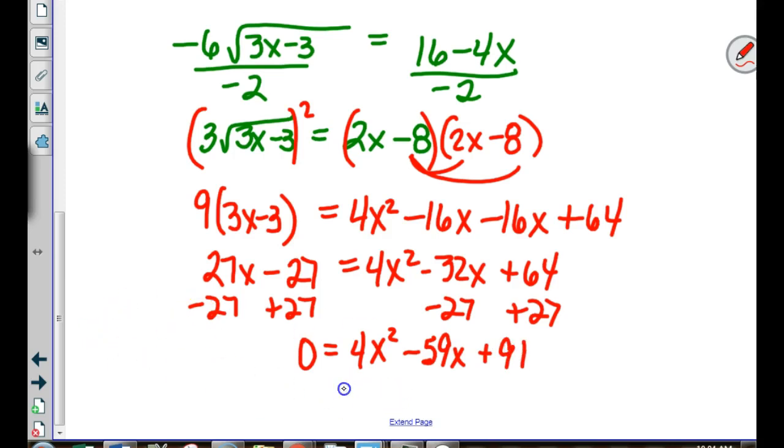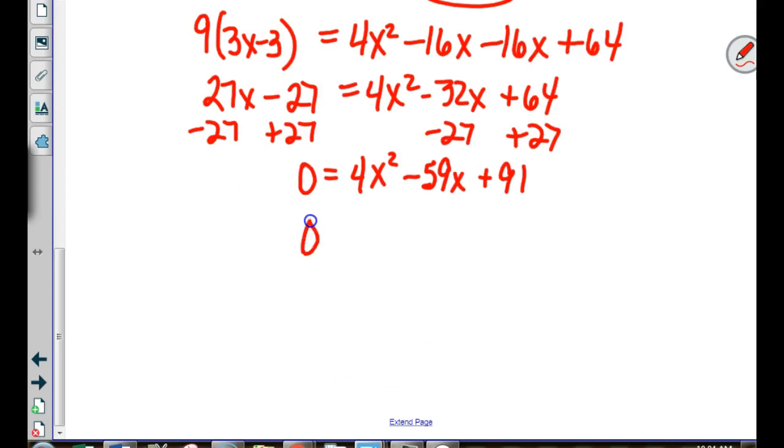It does, I know. I think 7 goes into 91. Can someone help us? Okay, it's 7 and 13, and they're both going to be minus.